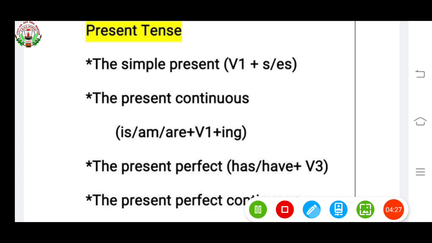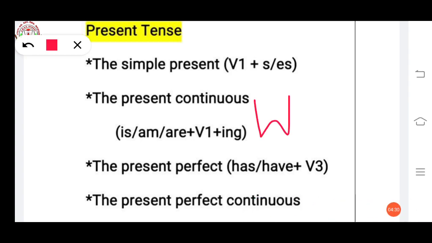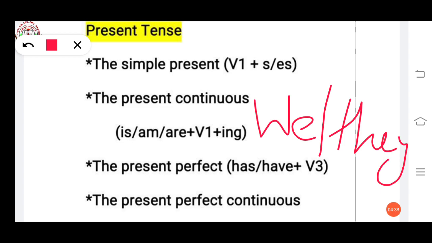Are. Where you have to use are? With we, they. With we or they you can use are, and with you also you can use are. We are going, they are going, we are talking, they are talking, they are dancing.